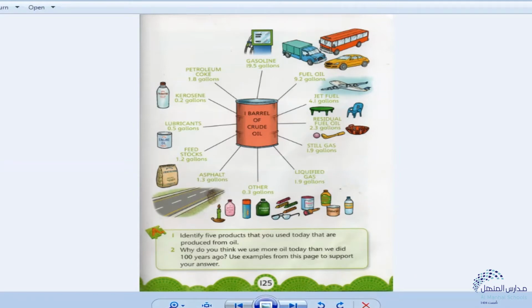It's also used for roads, and the other 1.2 you use for feedstocks. The 0.5 gallons are used for lubricants. 1.8 is for petroleum coke. And the other 0.3 gallons, there are a lot of pictures there.